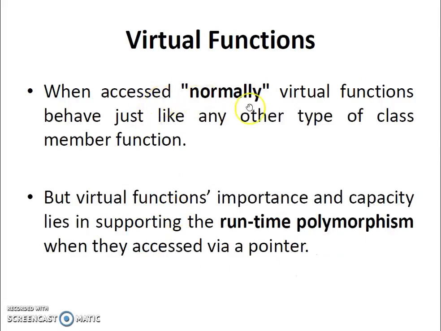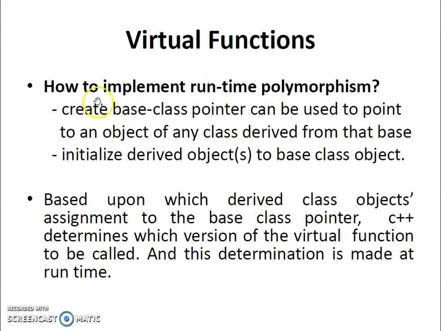When accessed normally, a virtual function behaves just like any other type of class member function. But the importance and capacity of virtual functions lies in supporting runtime polymorphism when they are accessed via a pointer. Now, how do we implement runtime polymorphism?